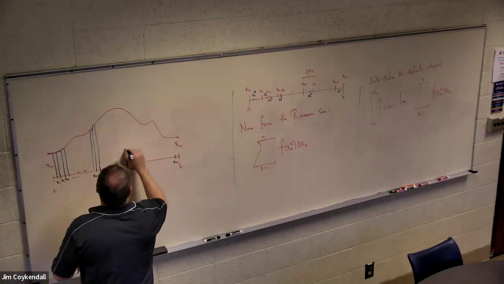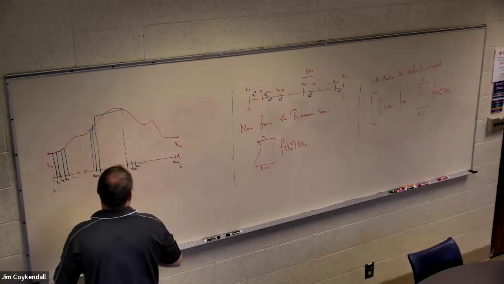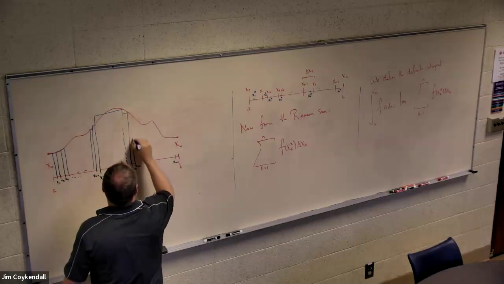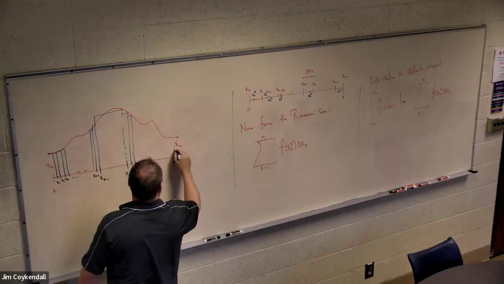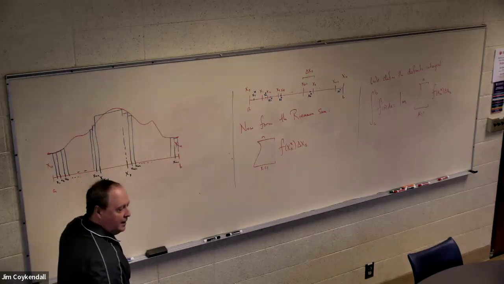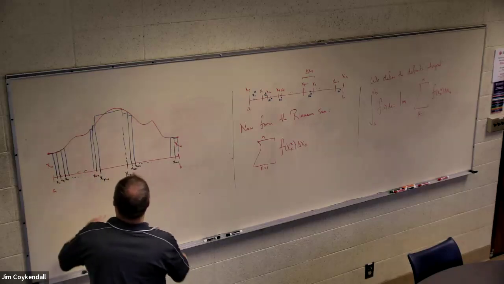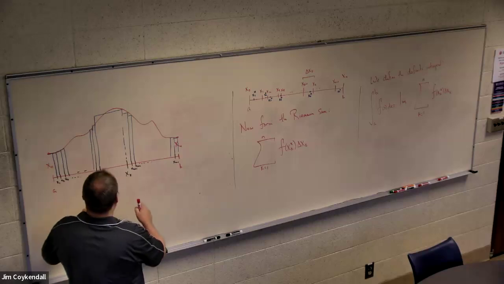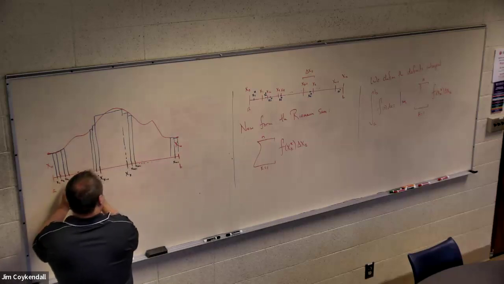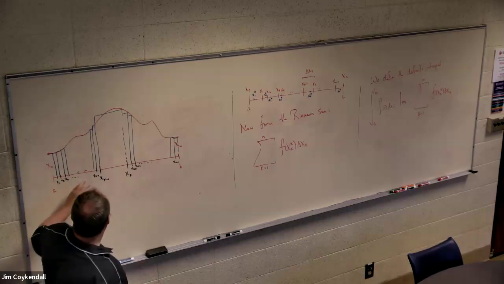Now, let's suppose that I let the number of boxes go to infinity, but I leave this gap here, right? So I'm making more and more boxes, but I put them all to the left or to the right of this box. I'm letting n go to infinity that way.